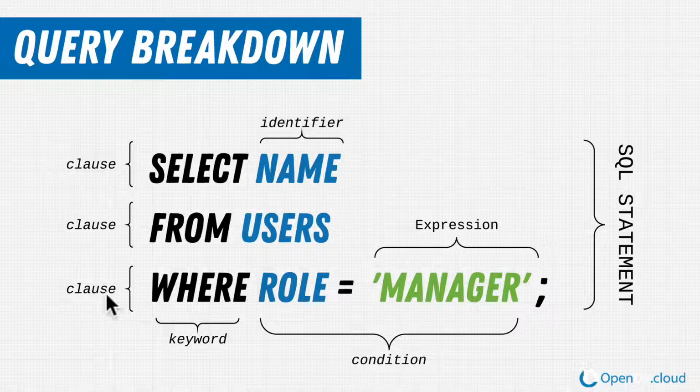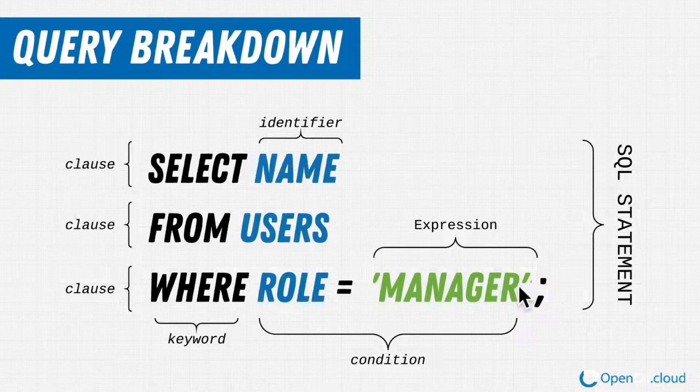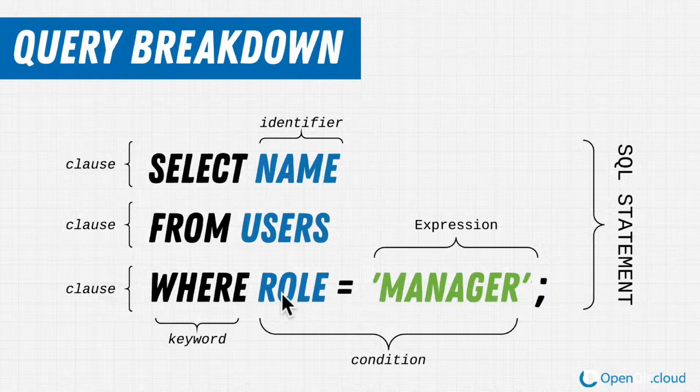And when we look at the last line, where role is equal to manager, our filtering line, this is a bit more complicated, right? Where is our keyword. Role is our identifier. But the line role equals manager is called a condition. So a condition is something that needs to be met. We're saying that, okay, a user has a role. That role needs to be equal to manager in order for us to get some data back.